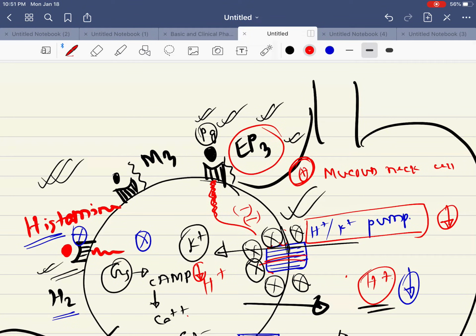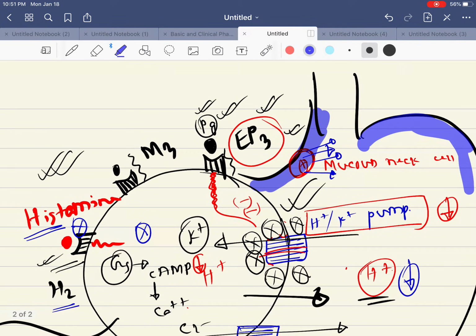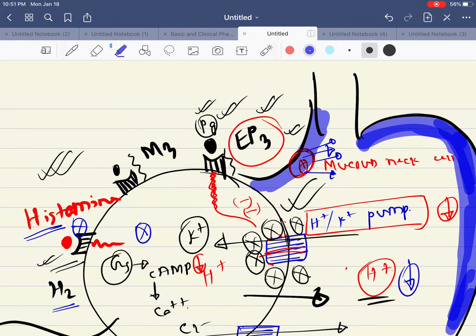That's why the mucus gland secretes more and more mucus, and produces a thick mucus layer in the gastric wall. That's why acid cannot damage the gastric lining epithelial cells. So it is also a protective function of prostaglandin.